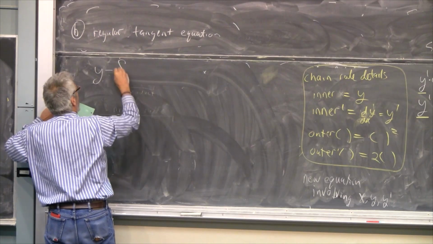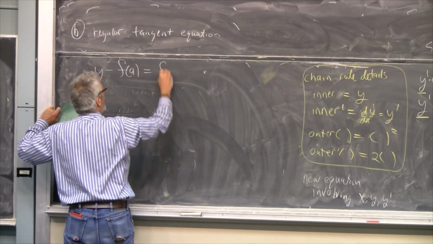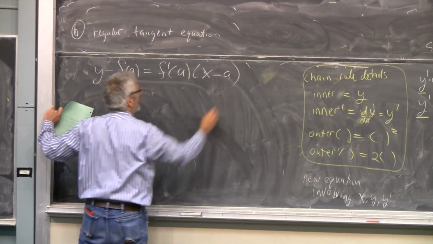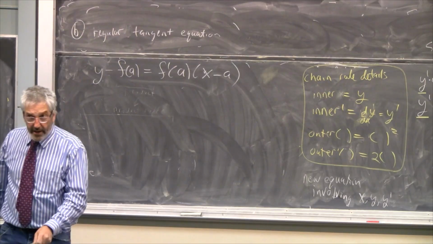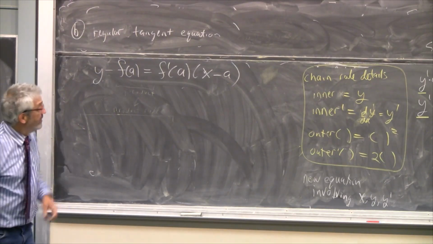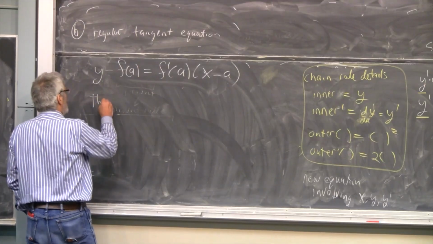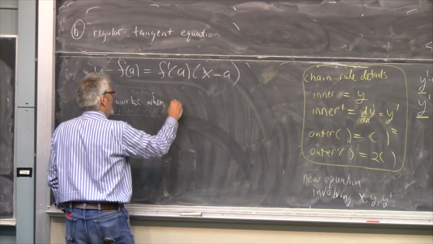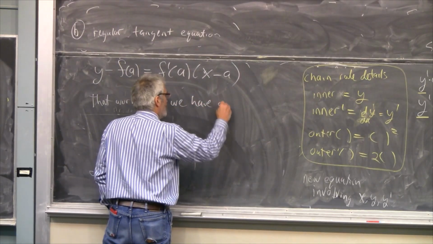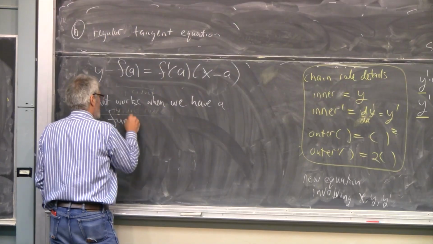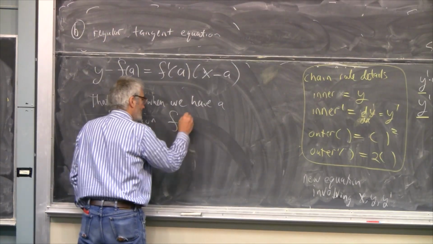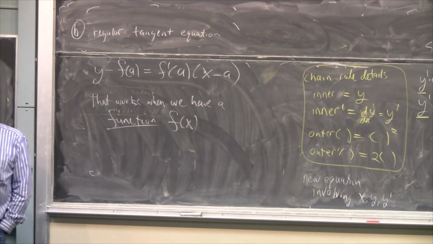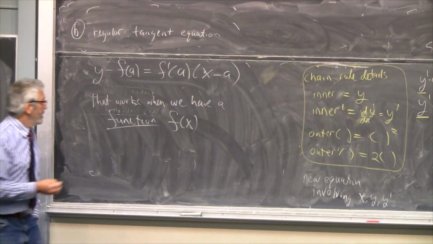Y minus f of A equals f prime of A times x minus A. That equation is fine when we have a function f of x, and then we take its derivative and we have a derivative f prime of x.